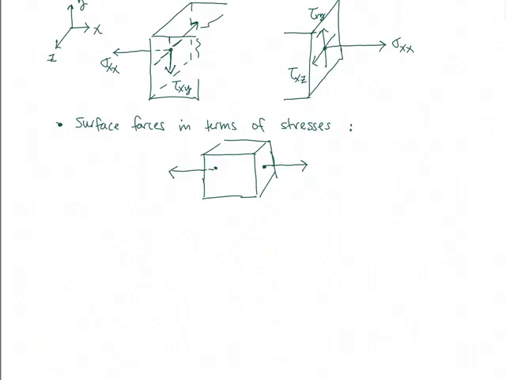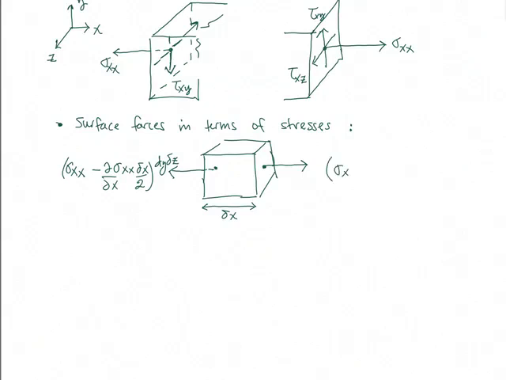We consider sigma xx to apply at the center of the cube, and therefore the variation of sigma xx with respect to x applying Taylor series is going to be, we have here sigma xx minus d dx of sigma xx multiplied by delta x half, which is the distance between the center and that face, and all of this multiplied by dy dz, which is the area.